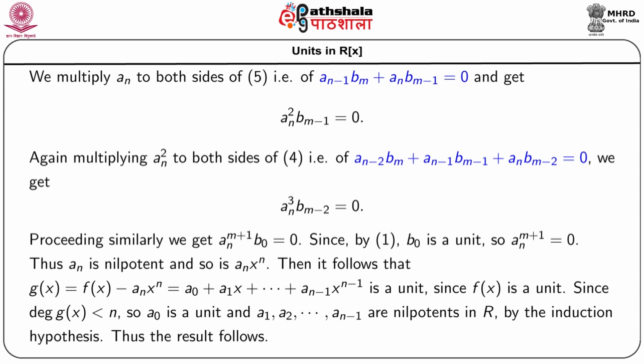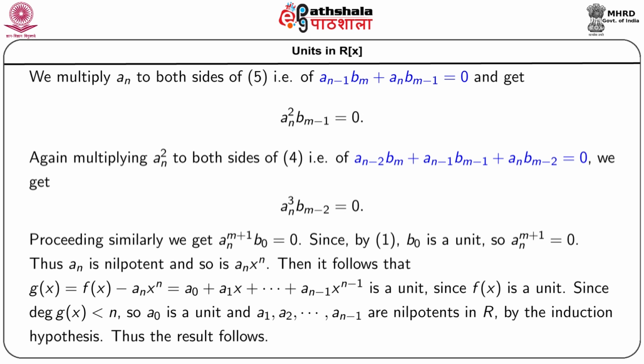Proceeding similarly, we will get an to the power m plus 1 times b0 equal to 0. Since b0 is a unit, this implies an to the power m plus 1 equals 0. Thus, an is nilpotent, and so is an x to the power n.